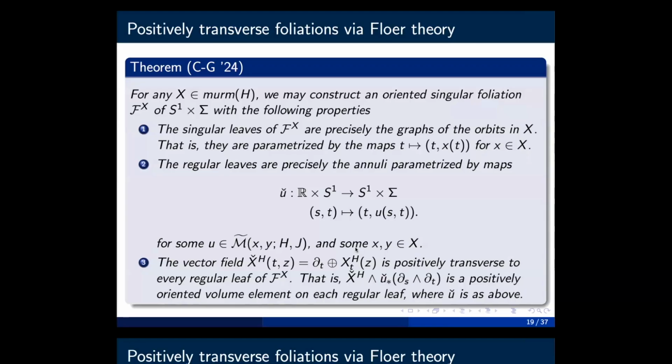In R cross S1 cross Σ, right? And then these ǔ that I'm writing down are just the projection to S1 cross Σ of ũ. Okay, you should think of these ǔ as parametrizing these annuli that are regular leaves of this foliation, as coming from the projection of the graphs of your u's.